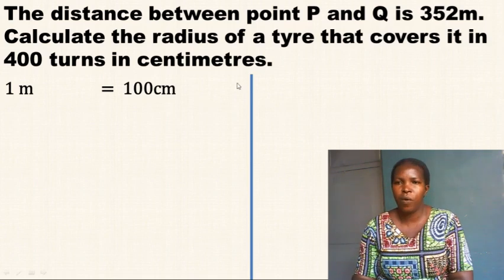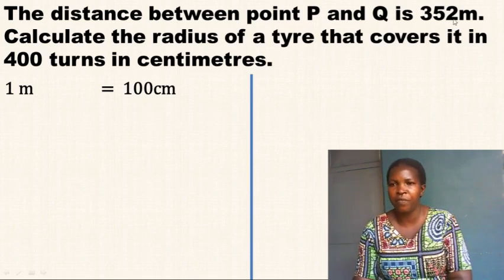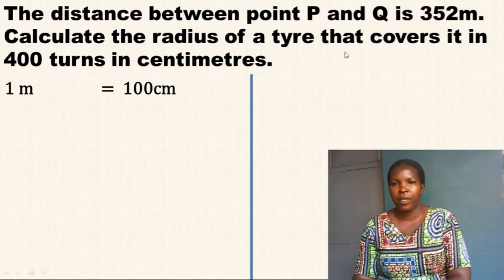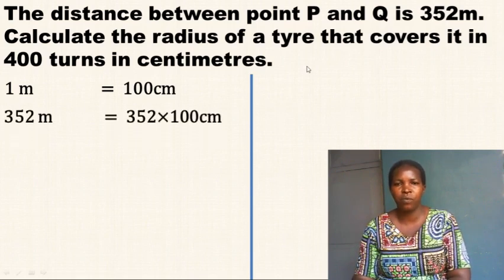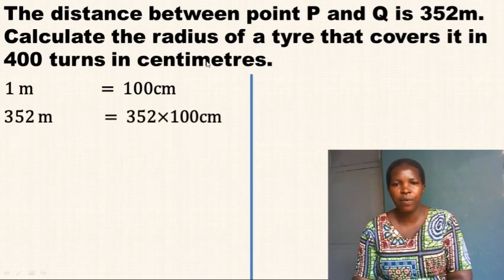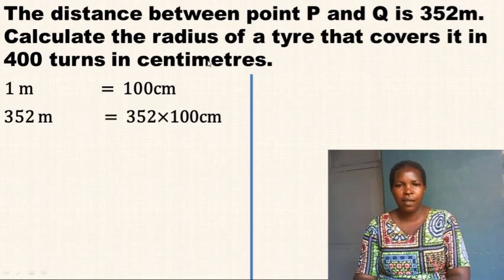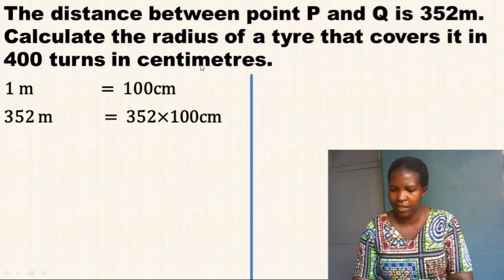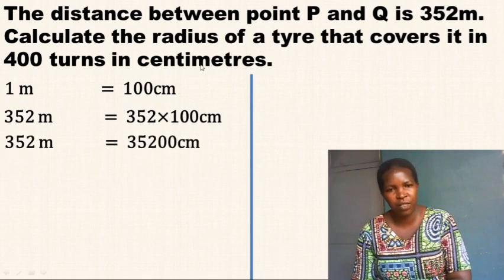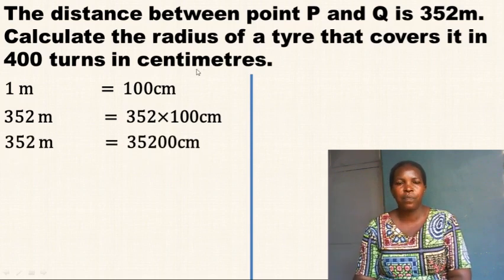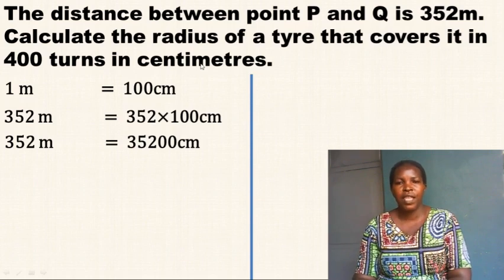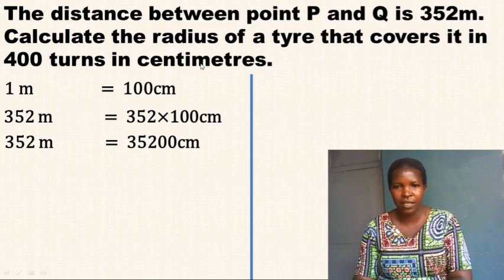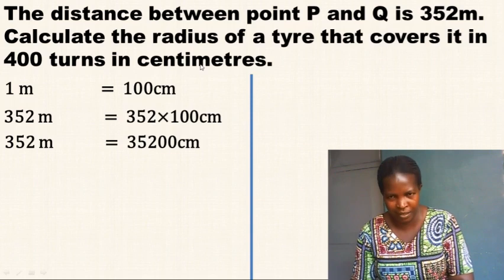Now, our task is to convert the 352 meters into centimeters. We shall state 352 meters will equal 352 times 100 centimeters. When we carry out our multiplication, we shall come up with 352 meters being equal to 35,200 centimeters.